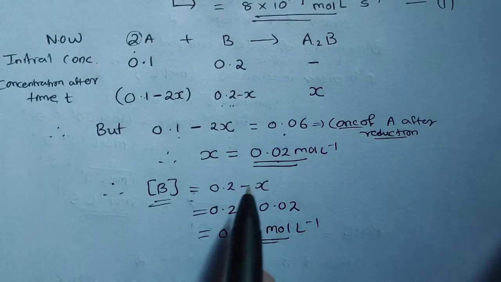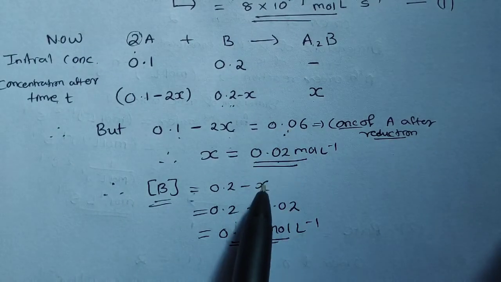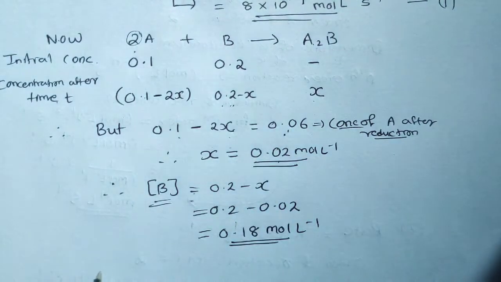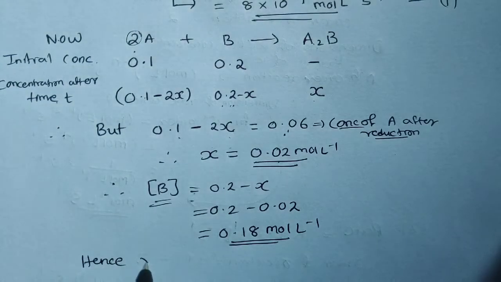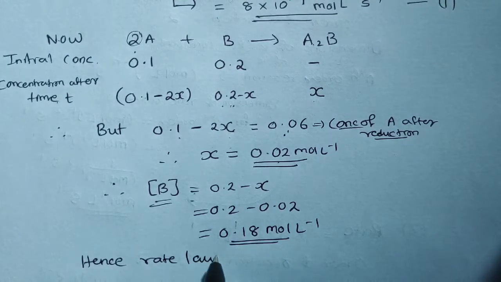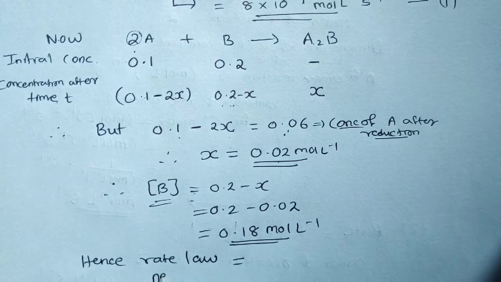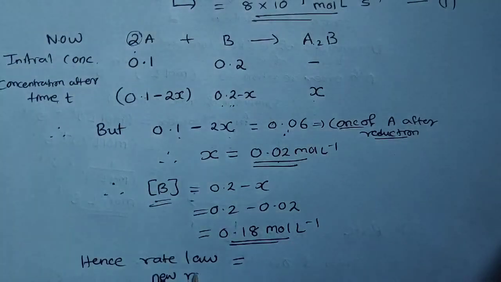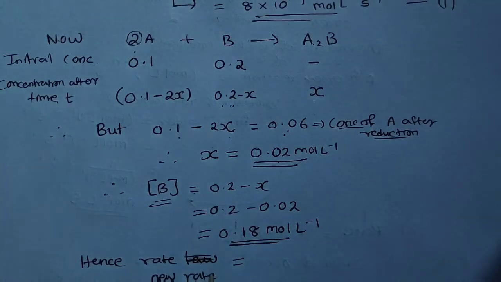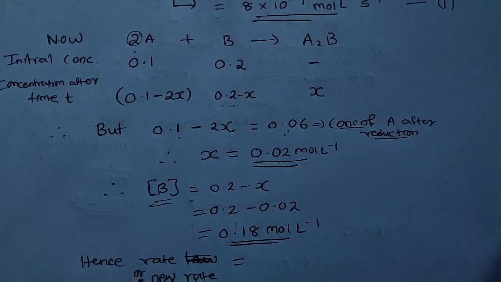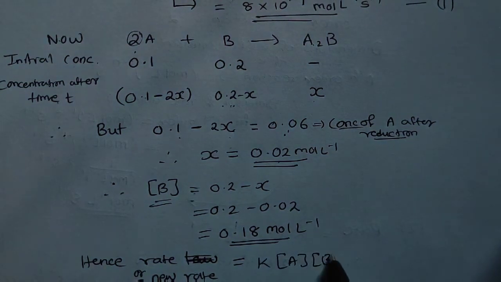Now after the reduction of this, I will find out the new rate, given the rate constant. The rate law, or the new rate as we call it, will be equal to K into [A] into [B]^2. So I will substitute the values.